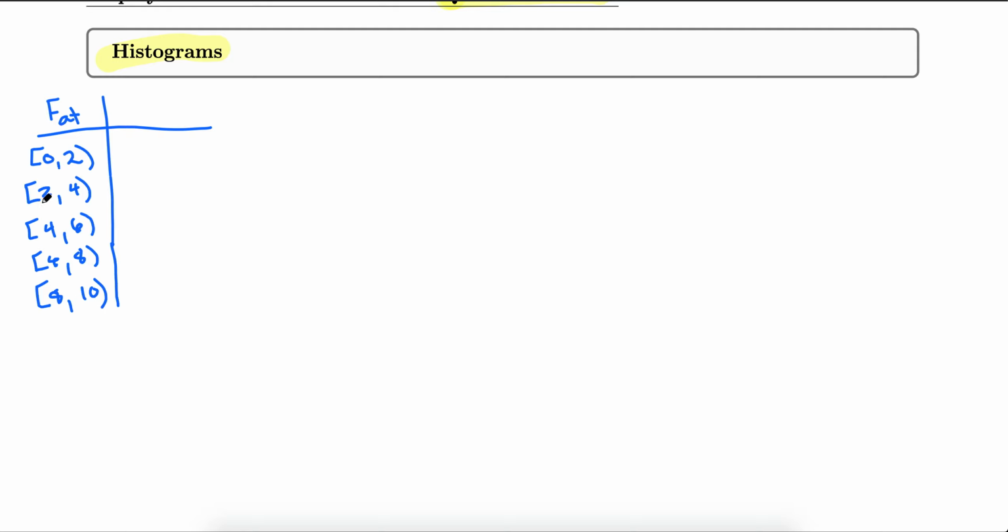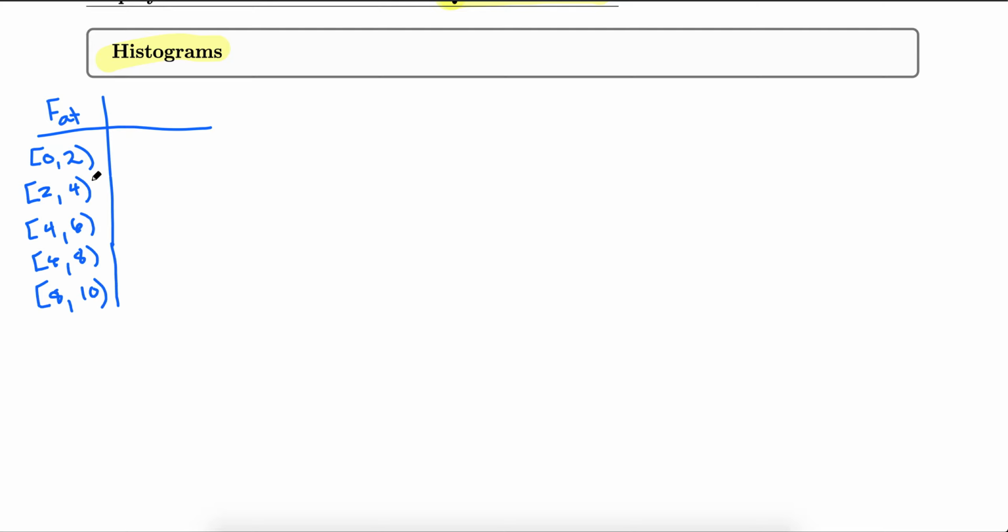The square bracket here tells us that that value is included. Parenthesis tells us that we take fat content all the way up to 4, but not including 4. So 3.99999, but if we have a 4, it's included in this next row where there's a bracket with the 4. 6 would be included in this group, but not up here.